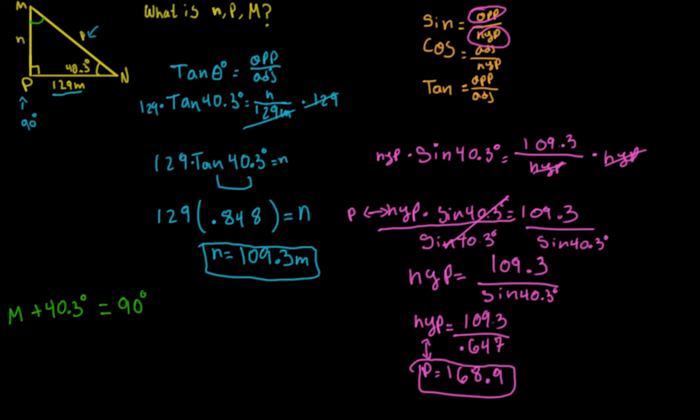So we're gonna solve for m, and subtract from both sides of the equation 40.3. So we are getting for that 49.7 degree. So that's our angle for m.